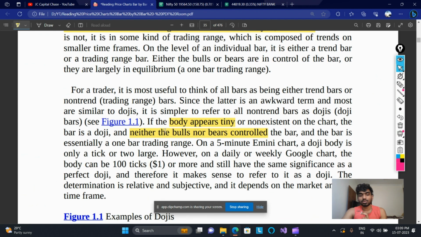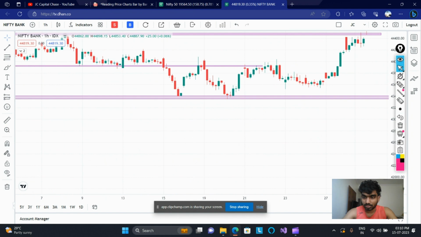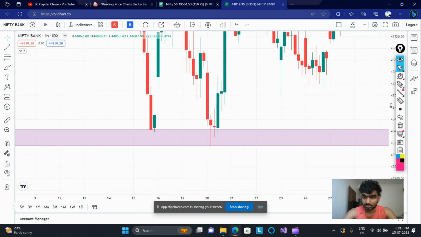Let's see how doji candles are going to help you. Before I go into that, let me tell you what a doji candle is. A doji candle is a candle where the body is very small and there can be lower wicks and upper wicks. Here is a pure example of a doji candle.